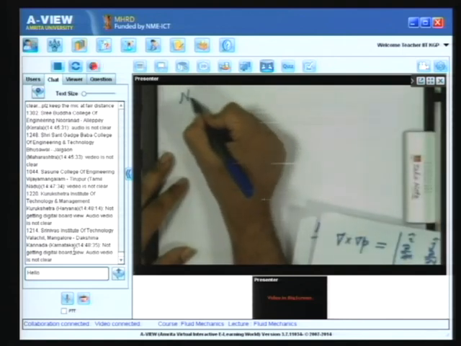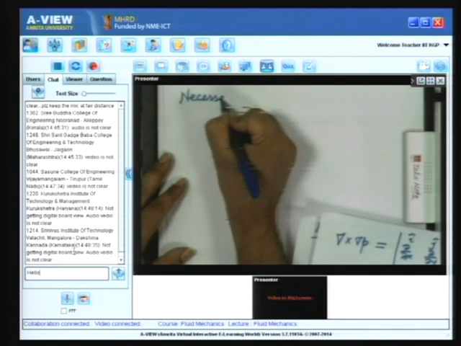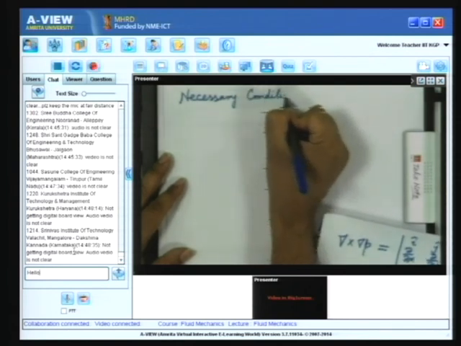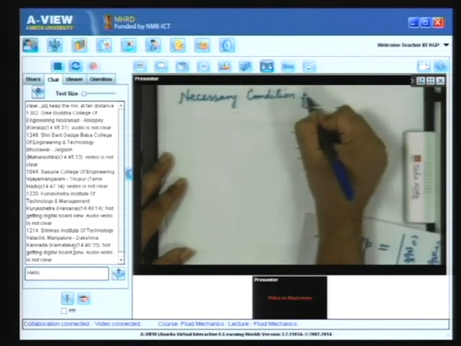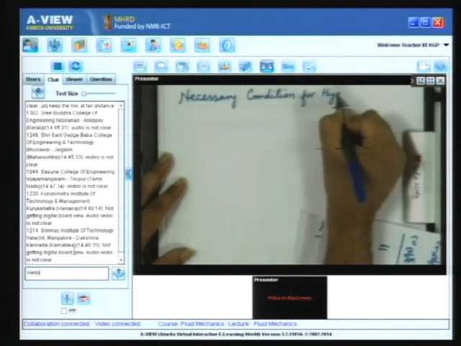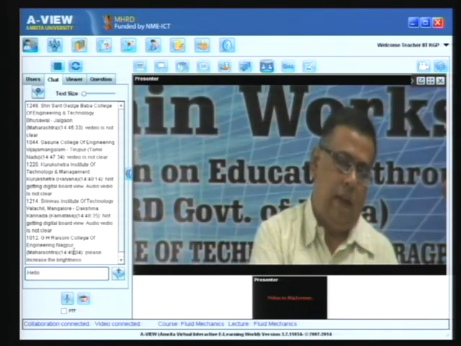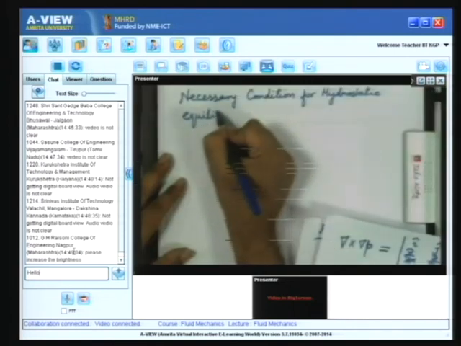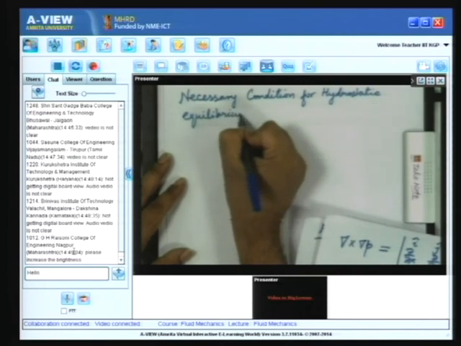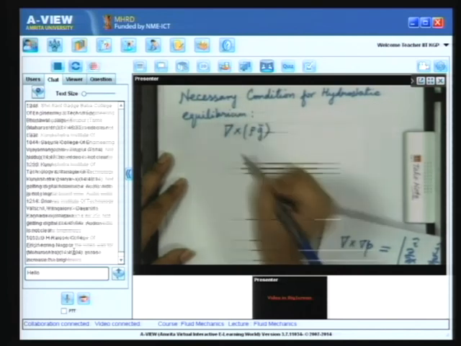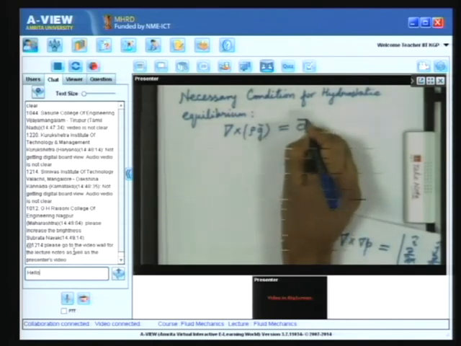So, you now have the necessary condition for hydrostatic equilibrium: curl of rho g must be equal to 0.